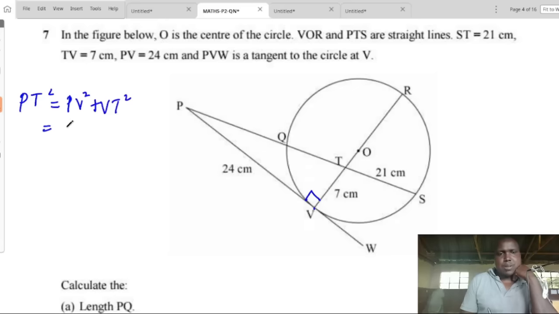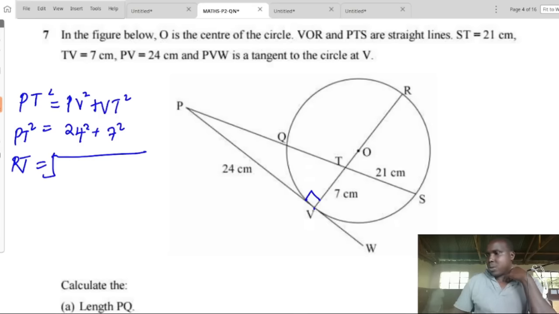This is 24 squared plus 7 squared, which would be PT squared. To get PT, you get the square root of this. What is the square root of that?